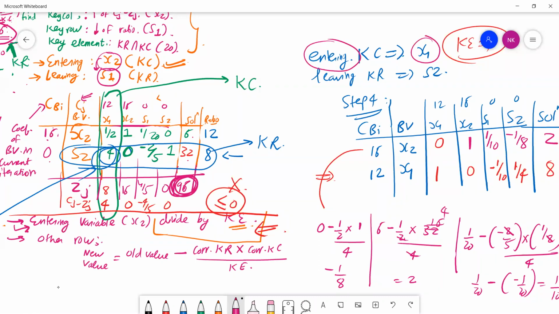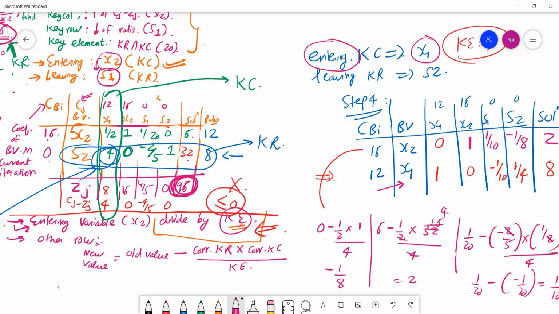So for the entering variable, the values will be divided by key element. So whatever values we were having in our previous case, we now want to find these values corresponding to the second row.